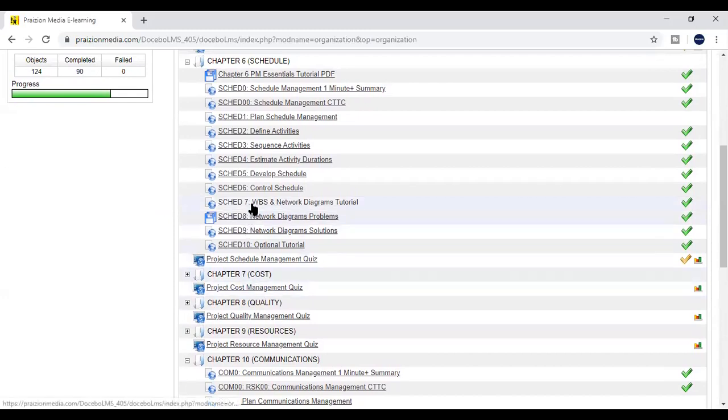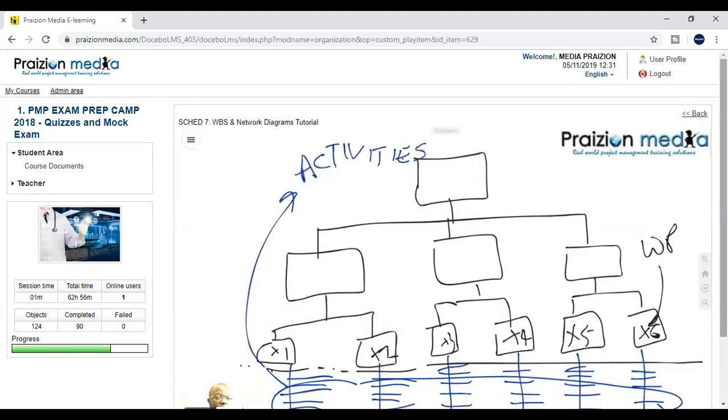Just take a look beyond the 6th module, which is control schedule. We have a tutorial on the WBS and network diagrams. We also have a network diagram solution tutorial, and we have another optional tutorial. Let's take a look at the WBS and network diagrams tutorial.